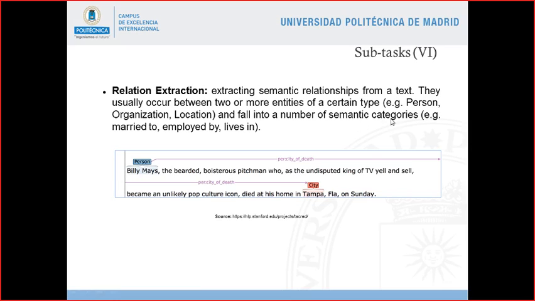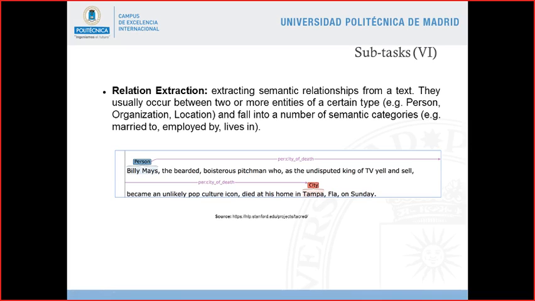And they fall into a number of semantic categories. For example, the relation that relates two persons is married to, or the relation that relates a person with an organization is employed by, or lives in. So in this text, we have Billy Mays, who is located as a person entity, and also we have Tampa, which is located as a city entity.